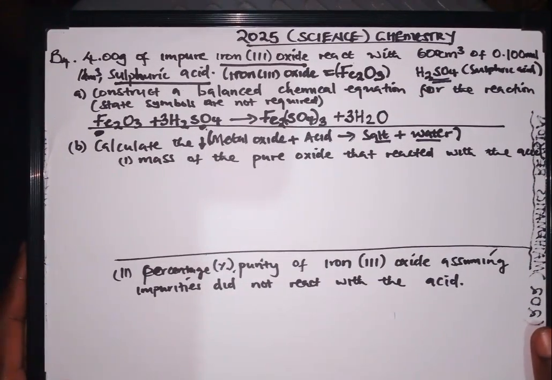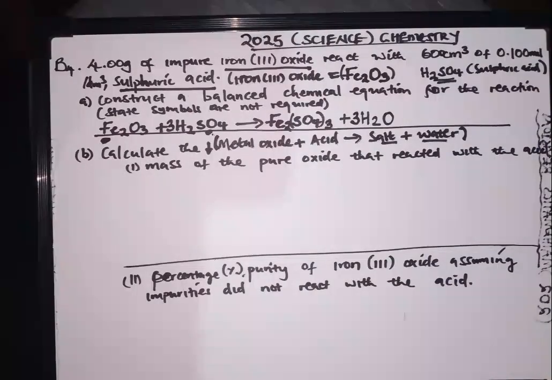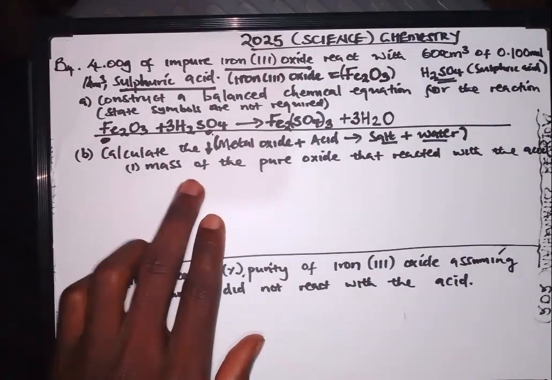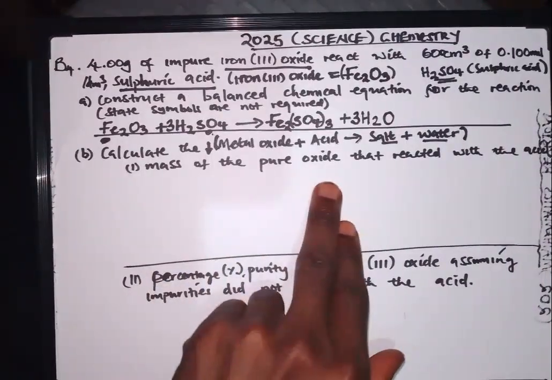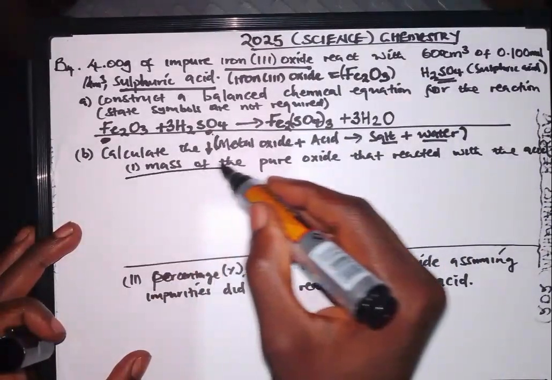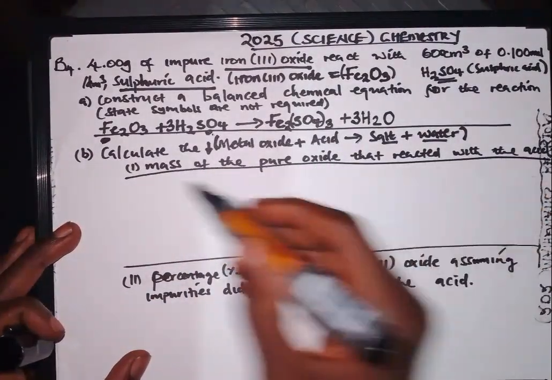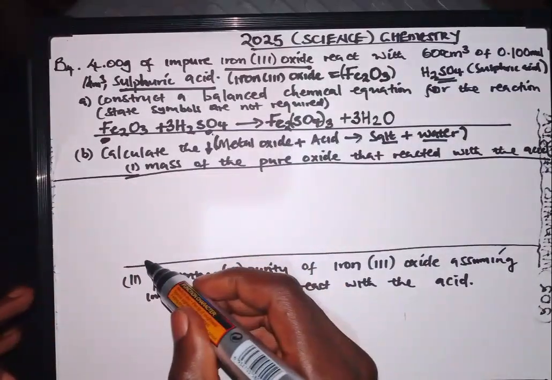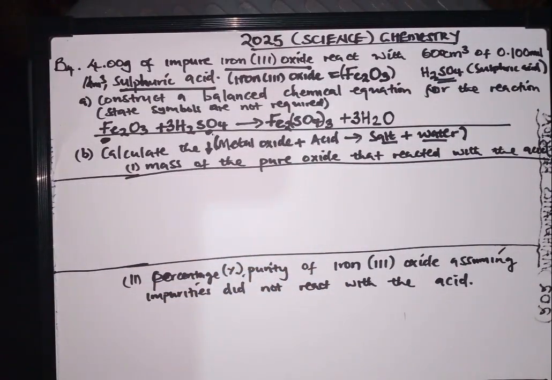So moving on to our next question, which says calculate the mass of the pure oxide that reacted with the acid. So here now we are calculating for the what? The mass of the pure oxide that reacted with the acid. Yeah.